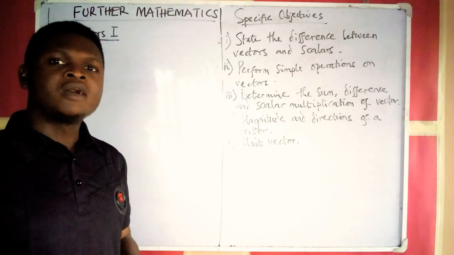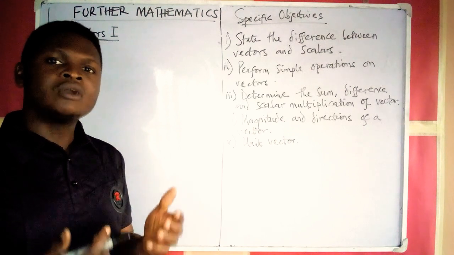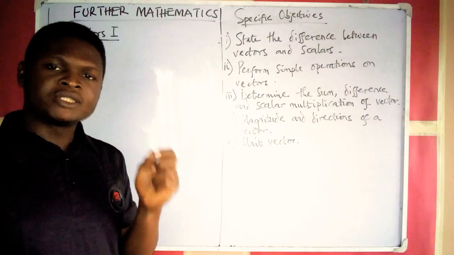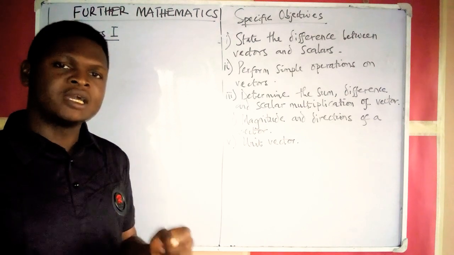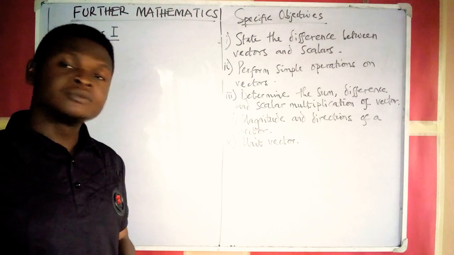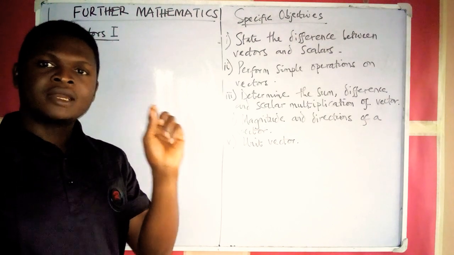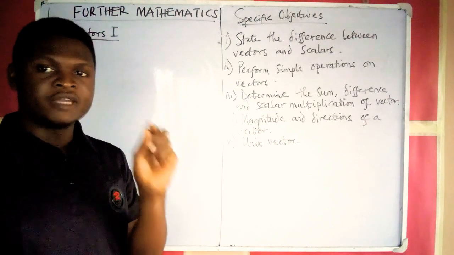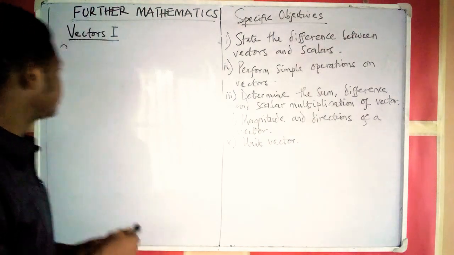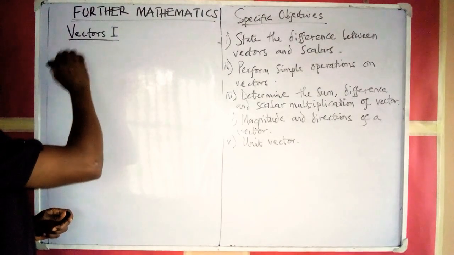Now, in addition of vectors, there are two basic methods which we apply, and those two methods are what we call the parallelogram law of vectors and the triangle law of vectors.